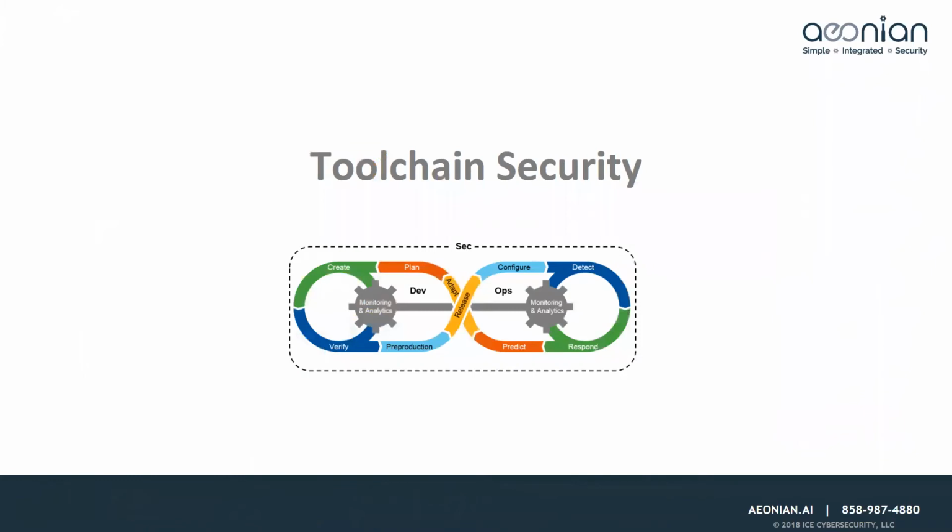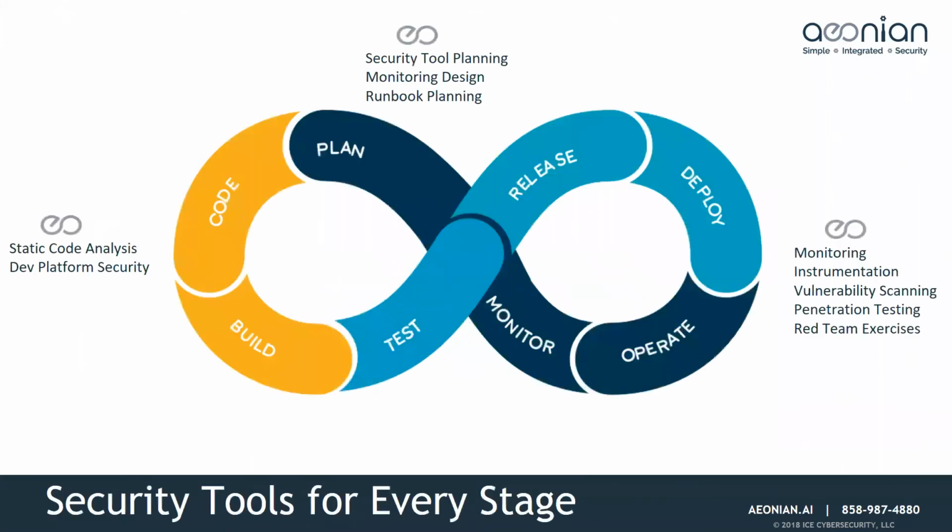So now we'll get into the toolchain security components of this, and we can go for months talking about what security tools could be implemented and how to secure the tools that you use, your repositories, your dev environments, and things like that. The most important thing I want to get across, though, because we don't have months to talk about this, is that there are tools for every phase of the life cycle.